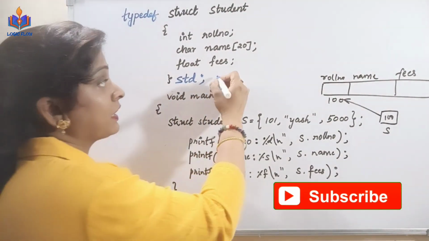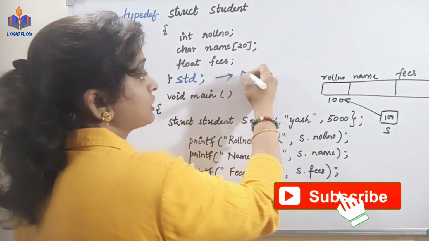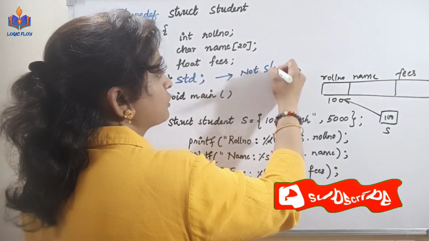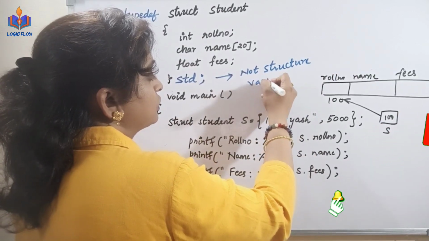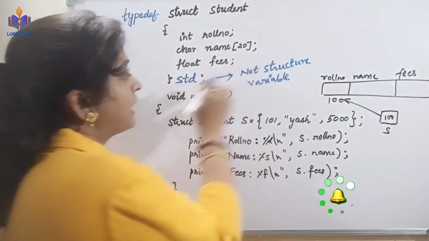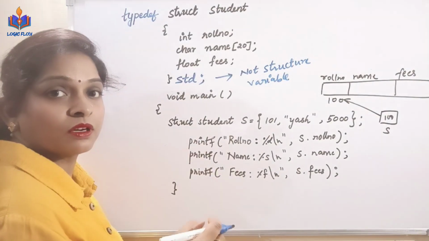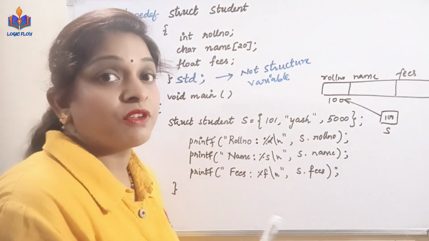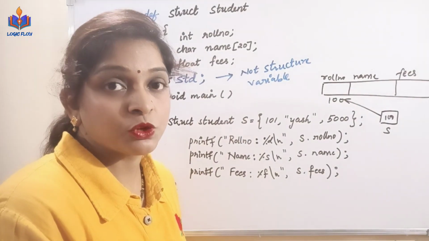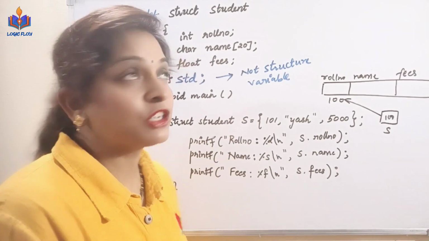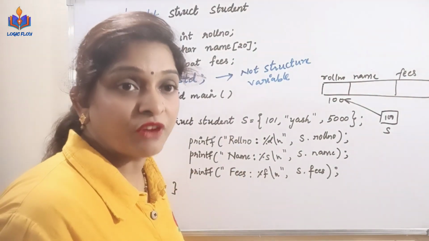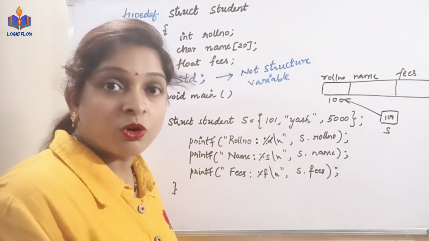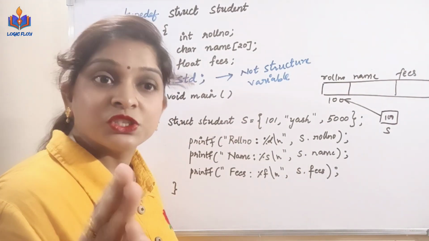But this is not a variable. Don't get confused. This is not a structure variable. It is a new name that I am giving. So we are renaming it. It is a new name given to the structure struct student. Every time I have to have the variable, I say struct followed by the name tag student.